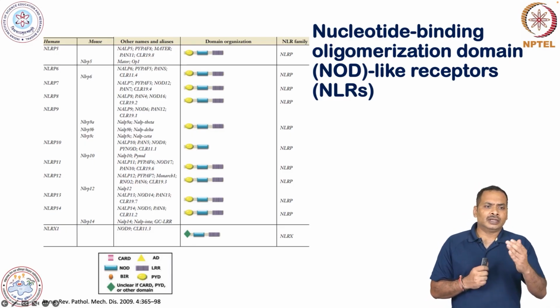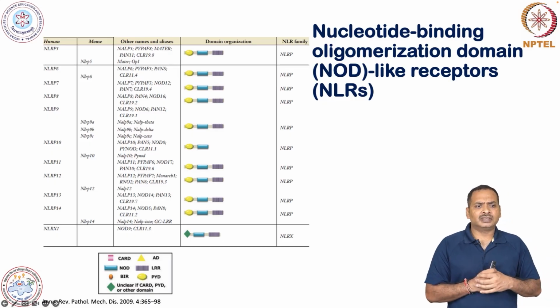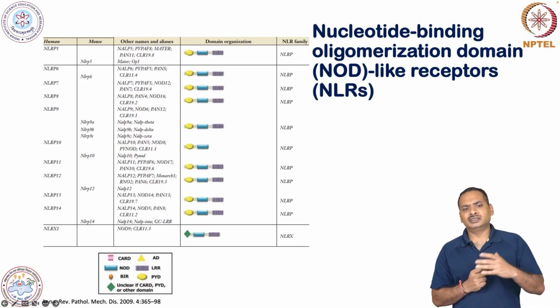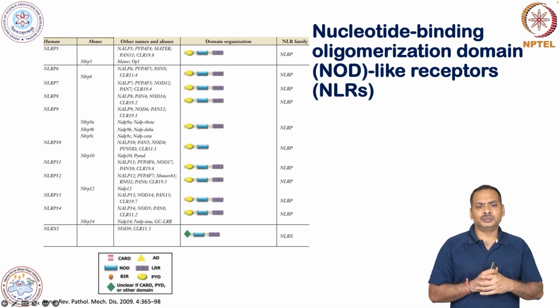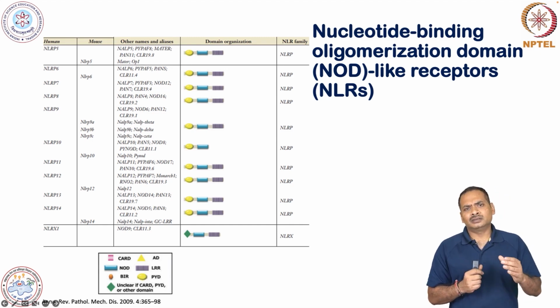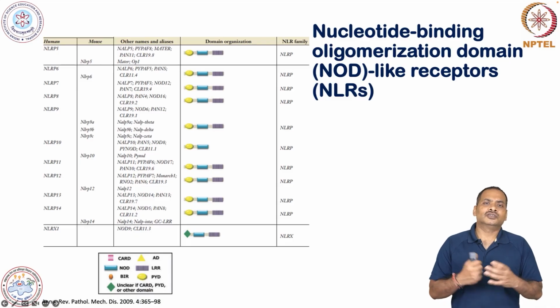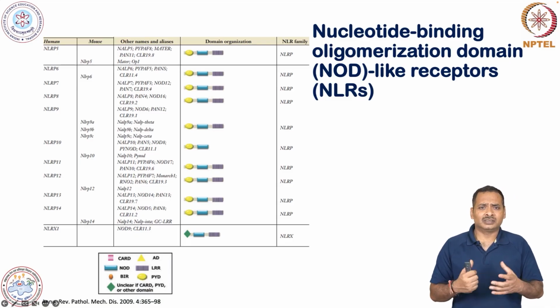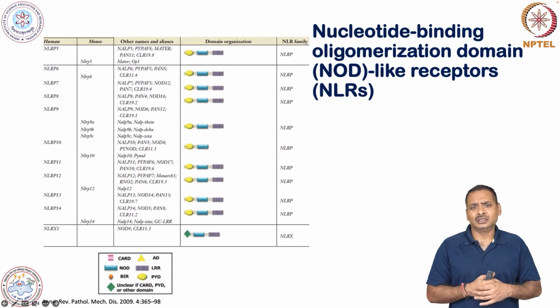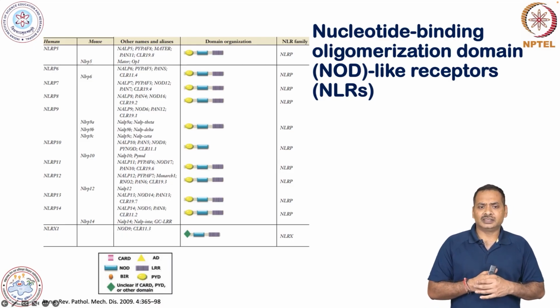The last member is NLRX1, which has a NOD domain and leucine rich repeat domain, and there is some region which is not well defined, which falls under either CARD domain or pyrin domain. It's not very well characterized.